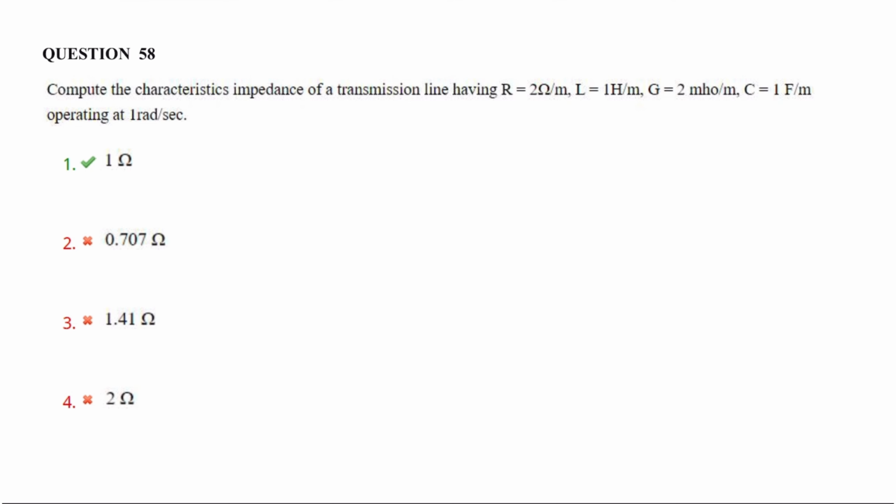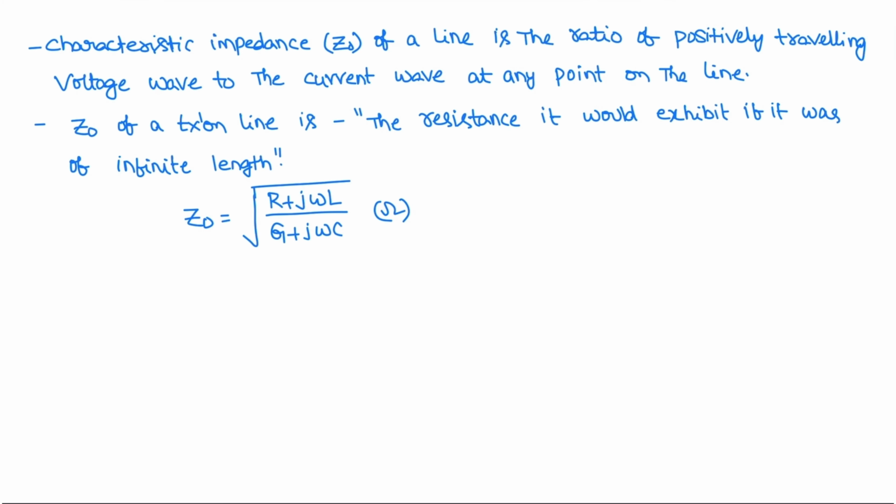Next question. The characteristic impedance of a transmission line is given R, L, G and C operating at 1 radian per second. Characteristic impedance of a transmission line is the ratio of the positively traveling voltage wave to the current wave at any point on the transmission line. It is the resistance the line would exhibit if the transmission line were of infinite length.